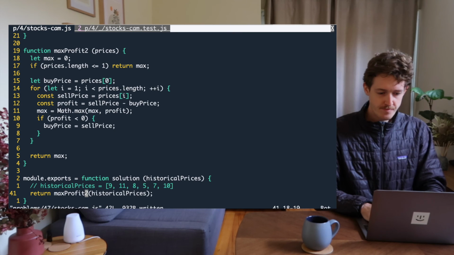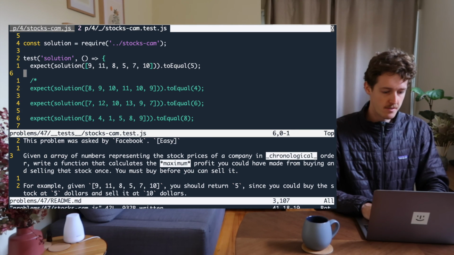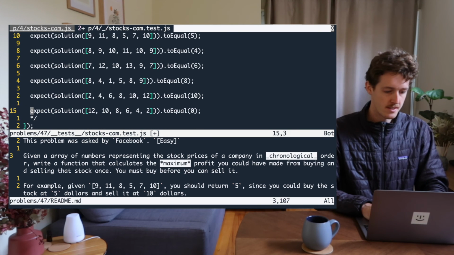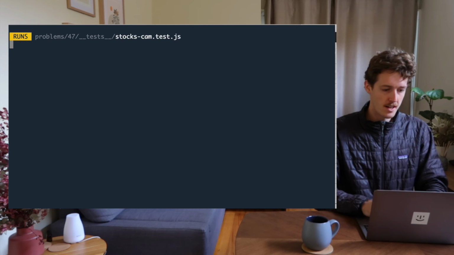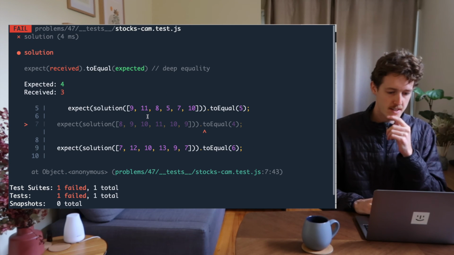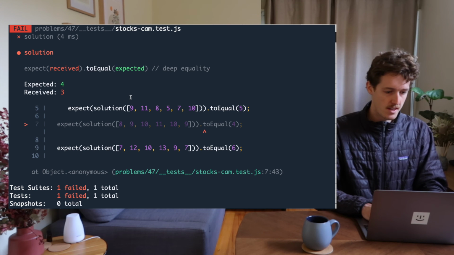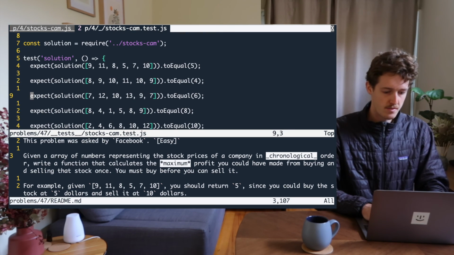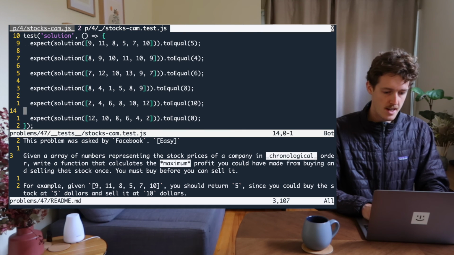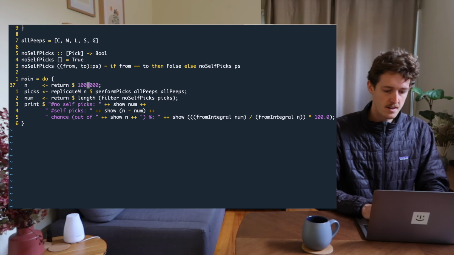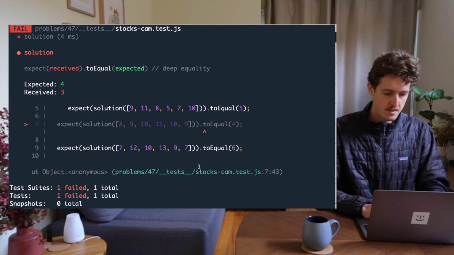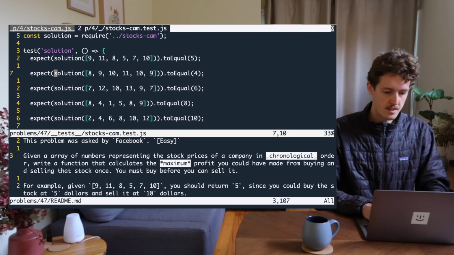So what I've done is I've got a few more test cases to make sure that it's doing what we expect. And what did it say here? It said 5, 7, 10, or rather 11, 10, 9.